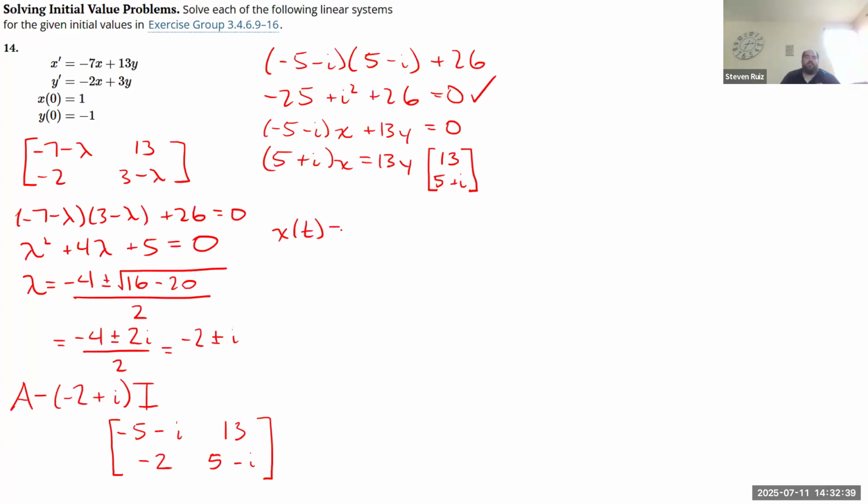So x of t is going to equal capital C times 13 times e to the lambda t, so that's minus 2 plus i t, which is equal to C times 13 times e to the negative 2t times e to the it.